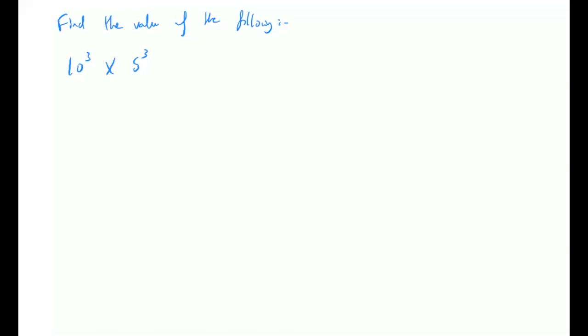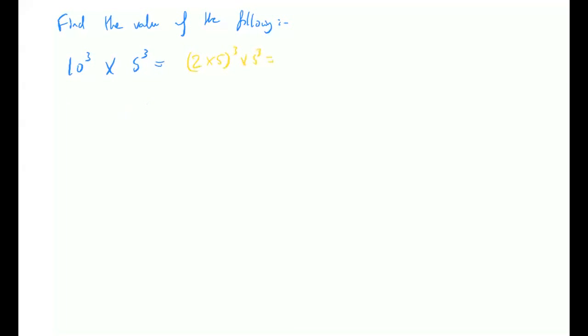Yeah, can we write 10 as 2 times 5, so 2 times 5 power 3 times 5 power 3? Good, so that will be, let me write it here. 2 times 5 power 3 times 5 power 3.